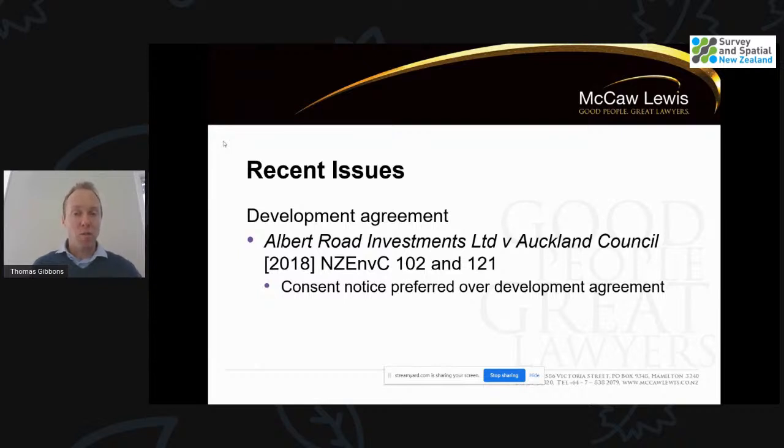And there was talk of putting a development agreement and linking that to the title, perhaps through a land covenant or encumbrance. But in that case, the court said, no, we prefer a consent notice. We think this further subdivision is something council wants to regulate. Council is best placed under a consent notice, which is an instrument under the RMA, than some other kind of development agreement or something like that.